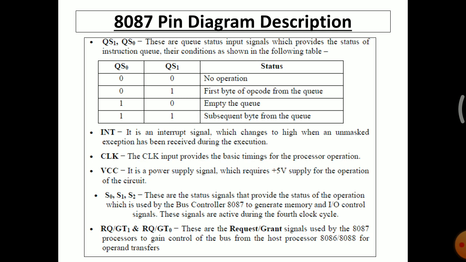Because if you want to learn the math coprocessor, you must know what kind of numbers it can handle, what kind of data it can take as input, and what various data formats it supports. Those things we'll discuss in the next slides.